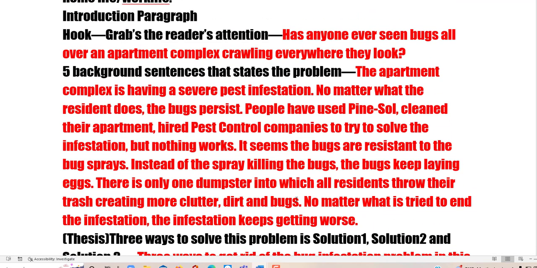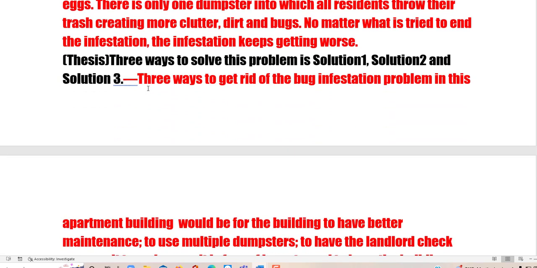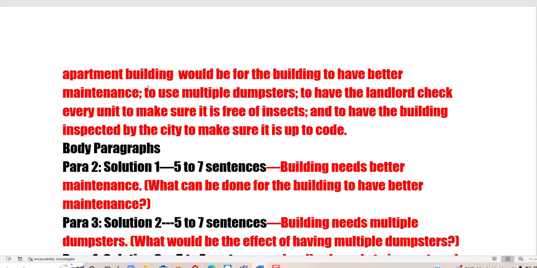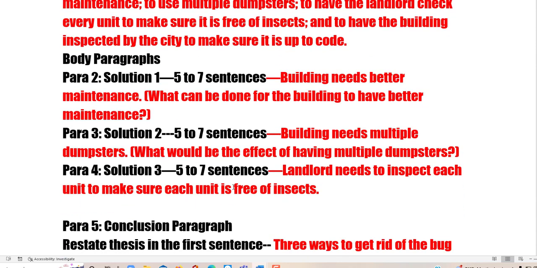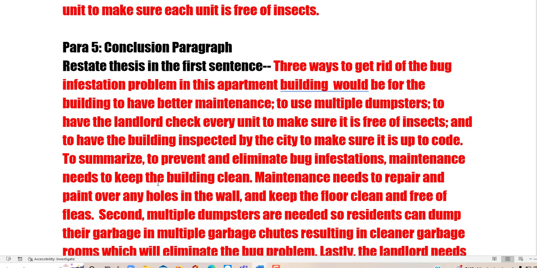So to summarize, for your introduction, you need a hook and 5 background sentences that state the problem. Then you have your thesis statement, which tells about 3 different solutions. Then you write about the solutions in your body paragraphs, and then you conclude the essay.